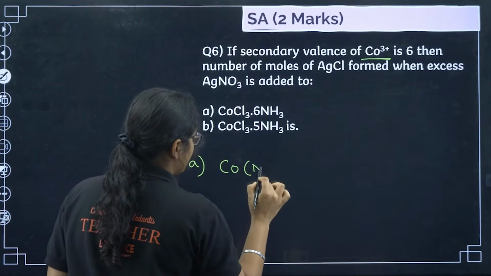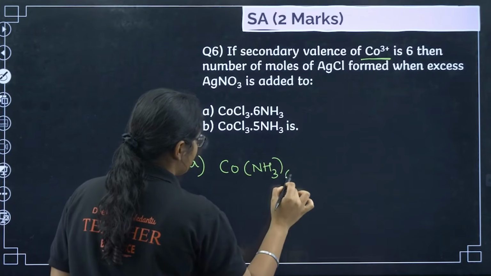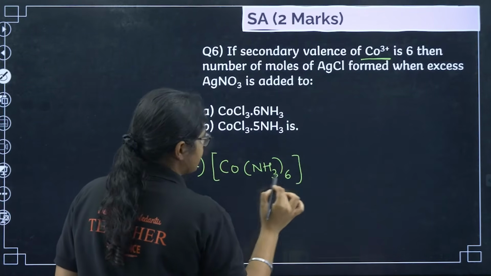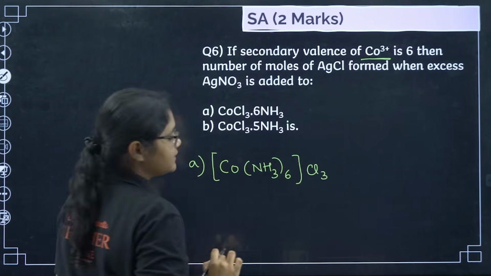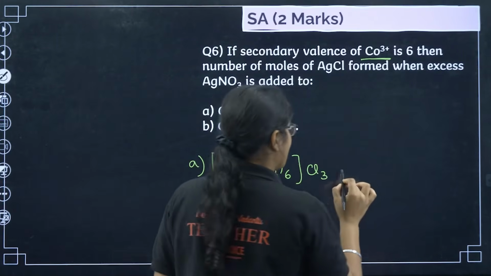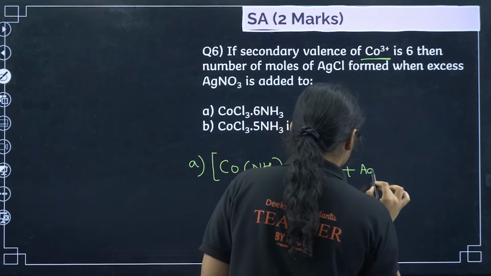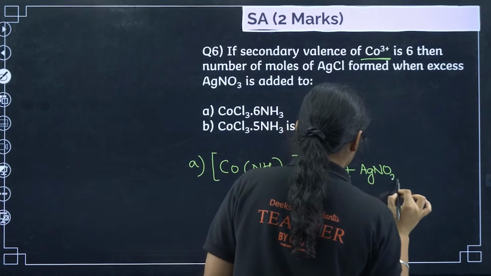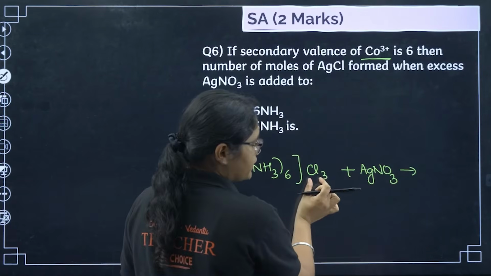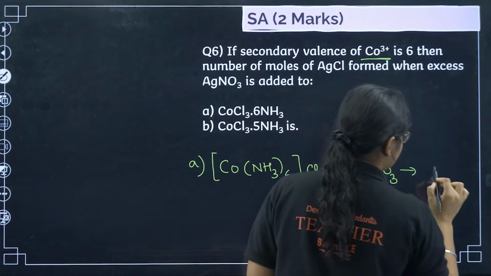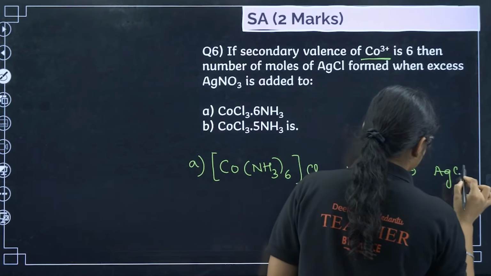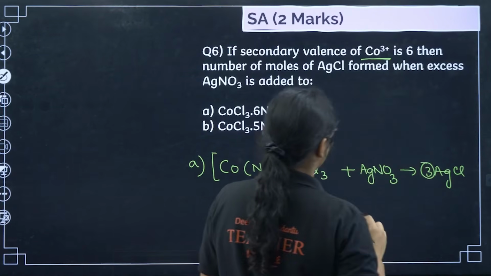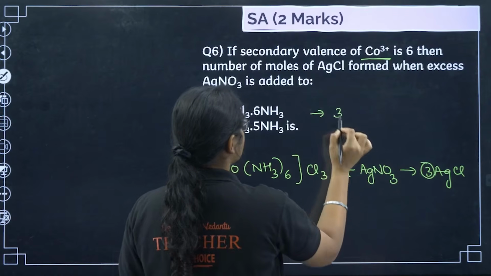[Co(NH3)6]Cl3, with the Cl3 present outside. Now when I react this with AgNO3, all the chlorine present outside will react to give you AgCl. So how many moles of AgCl will I get? 3 moles of AgCl. First one, I will get 3 moles.